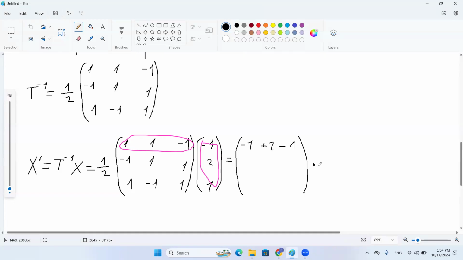And by the way, we mustn't lose this fraction. Then 1 plus 2 plus 1. Here we have the scalar product of this row and this vector column: -1 -2 plus 1.